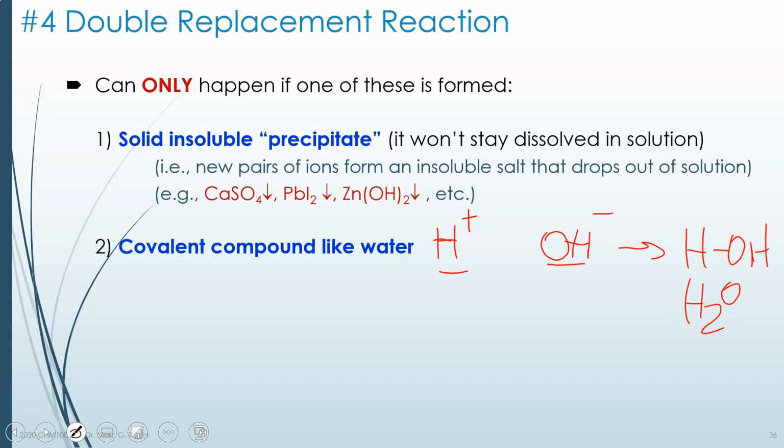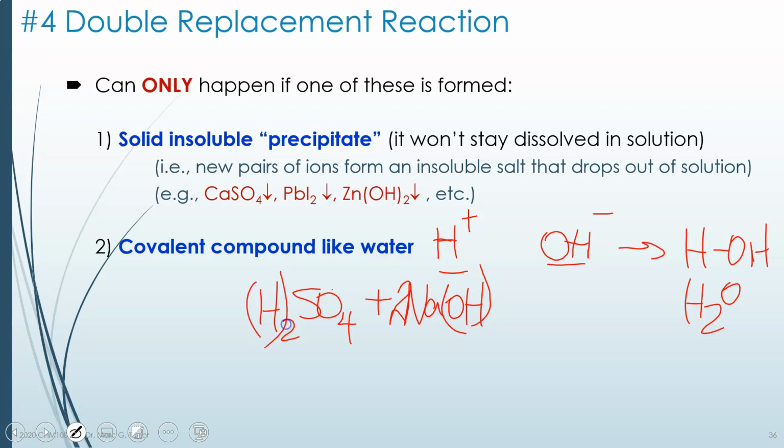And I showed you that in the last example when I had H2SO4 reacting, I forget which compound it was, but I think it was sodium hydroxide, yes. So you need 2 sodium hydroxides here, and so you have 2 hydroxides and 2 H pluses, and they find each other to make 2 waters, plus the remaining sodium sulfate.